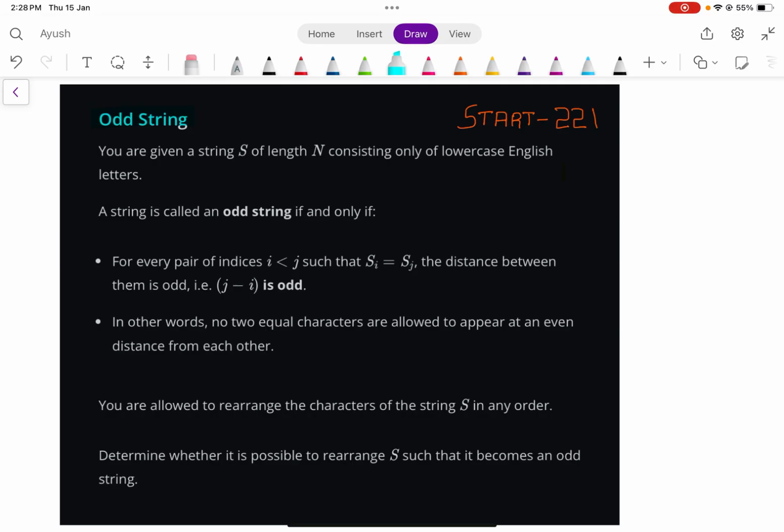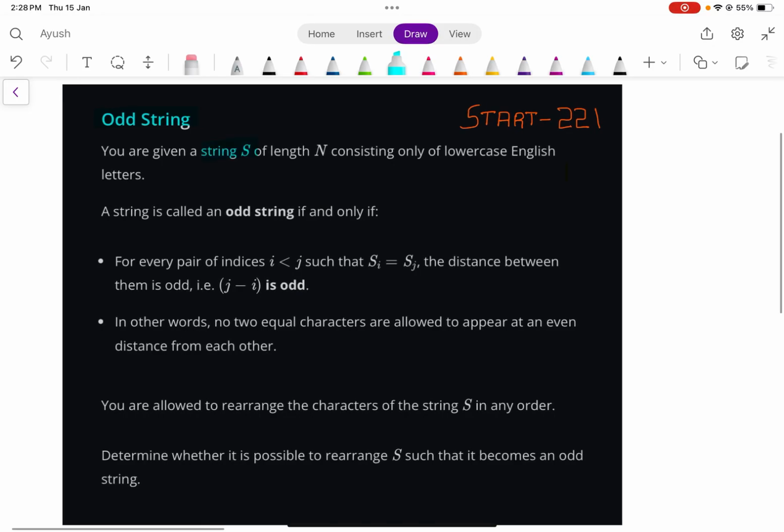We are given a string S of length n consisting of only lowercase English letters. A string is called an odd string if and only if it follows the given condition: for any indices i less than j where the characters at both indices are the same, the distance between both the indices should be odd.